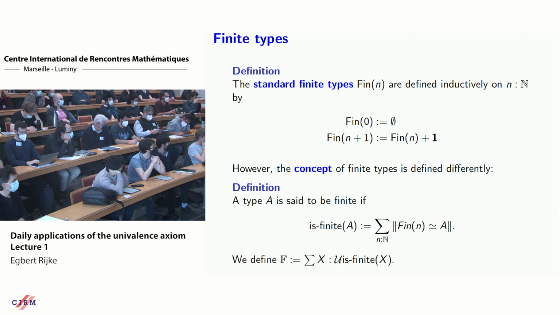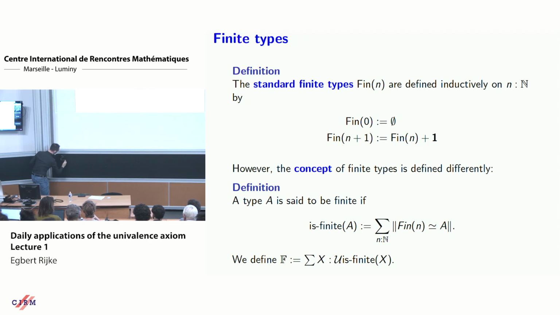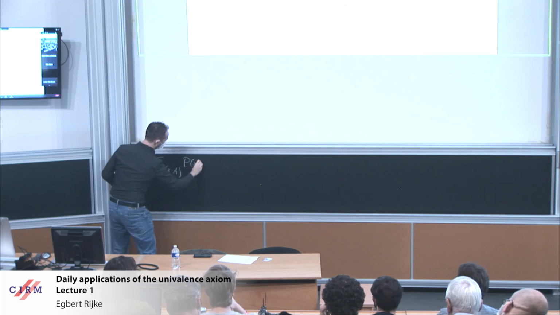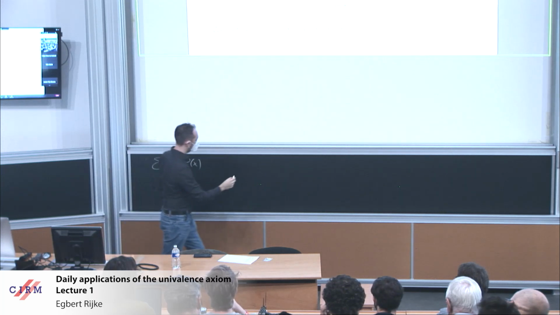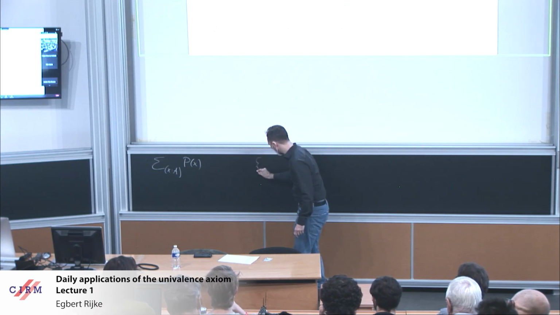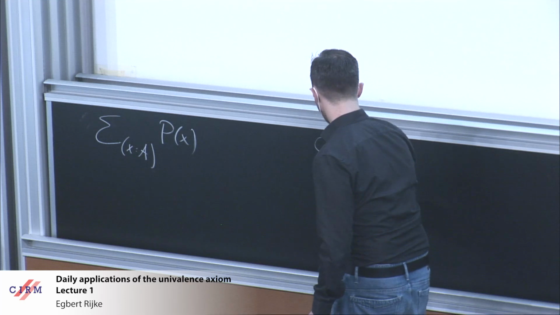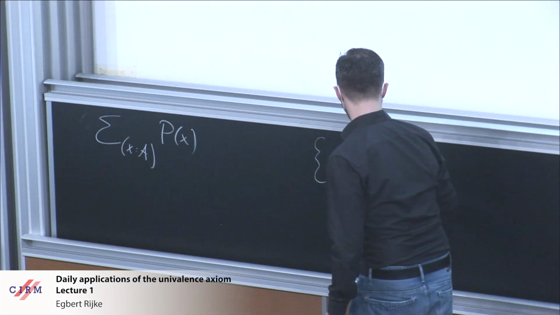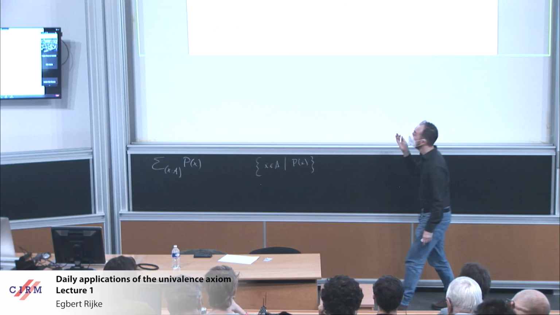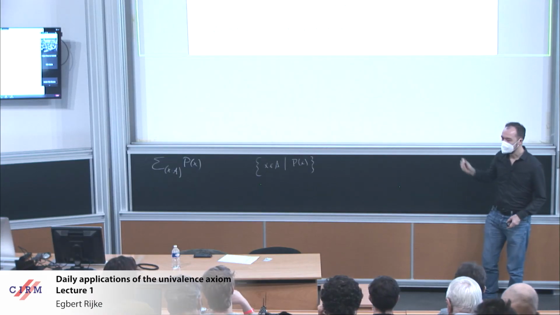So if we would have something like sigma x in A, P of x, where P is a property, the interpretation of such a thing into set theory would be x in A such that P of x holds. So when you see sigma like that, you can think of it like this.